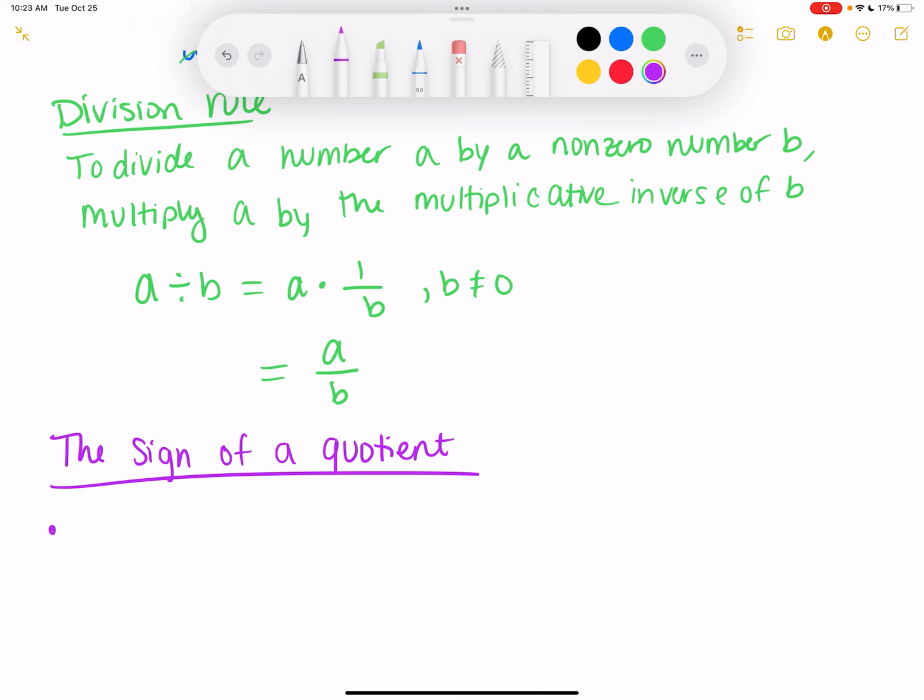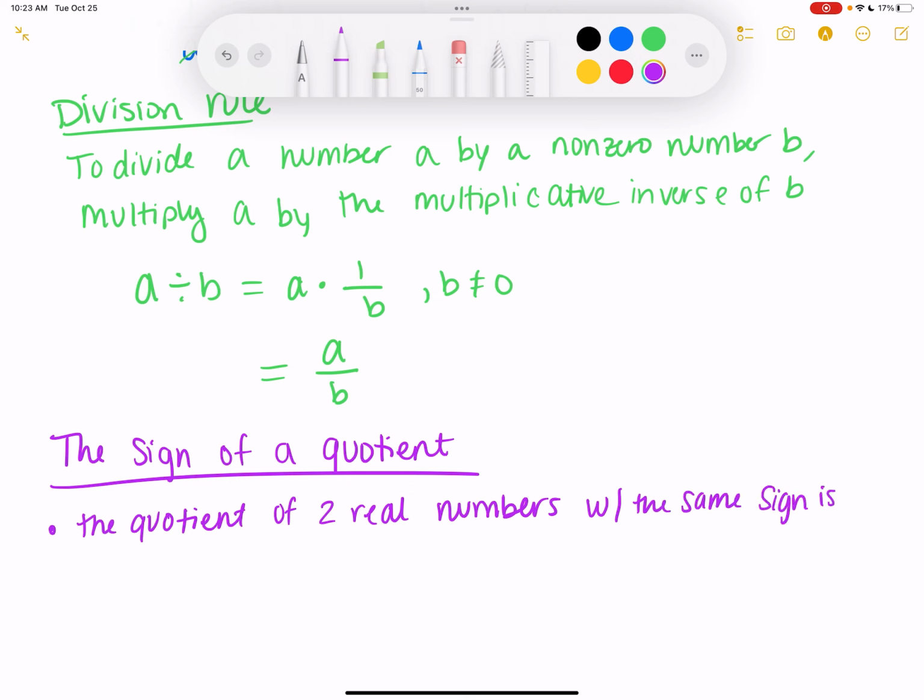The quotient of 2 real numbers with the same sign is positive.